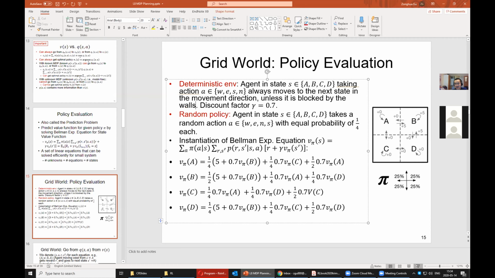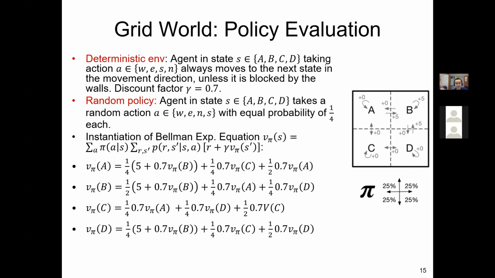Suppose the discount factor gamma is 0.7. It's a deterministic environment, because the agent knows what its actions will lead to based on its action only. The environment has no non-determinism. Suppose the policy is random.